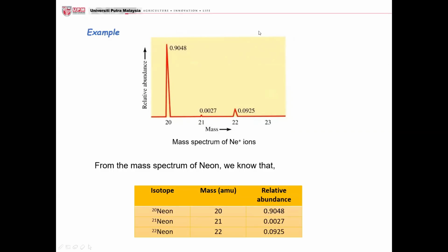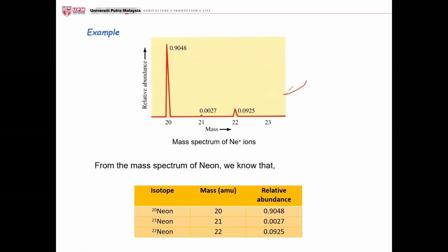Okay, given here is an example of data collection from a mass spectrometer. We have 2 axes here. The y-axis represents the relative abundance and the x-axis represents the mass of that ion.